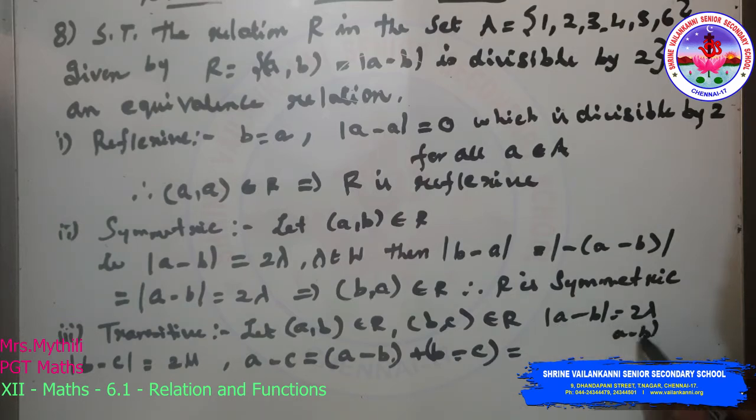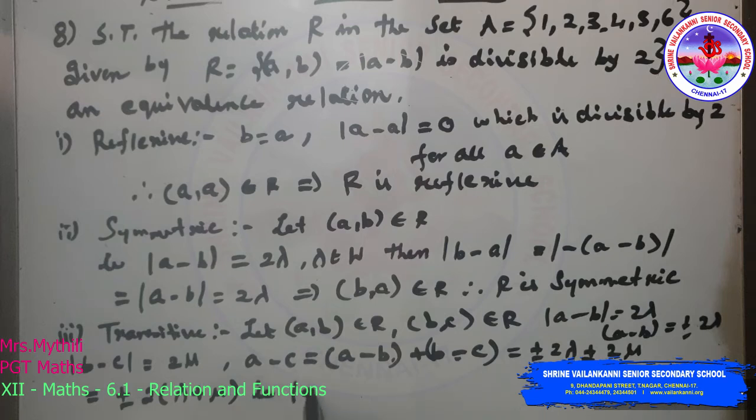So a minus b is plus or minus 2 lambda. So I am writing this as plus or minus 2 lambda plus or minus 2 mu, which is equal to plus or minus 2 times (lambda plus mu).